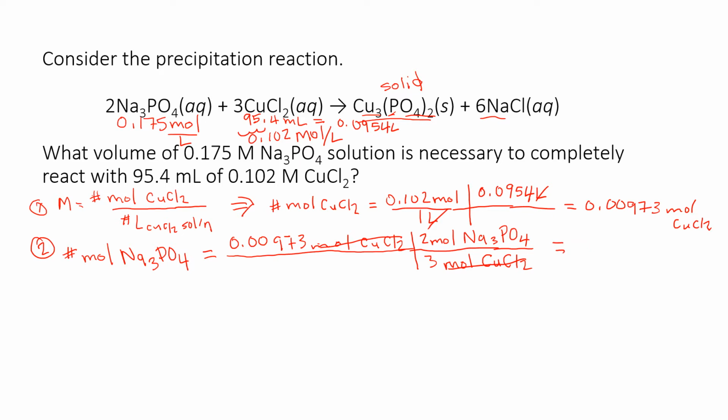So when we carry out this calculation, right, we get 0.00649 moles of sodium phosphate.